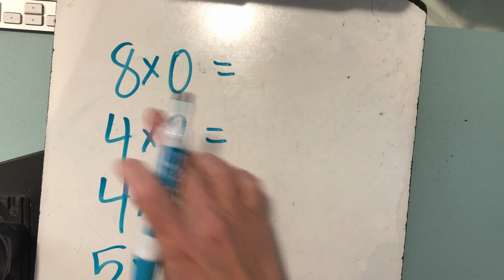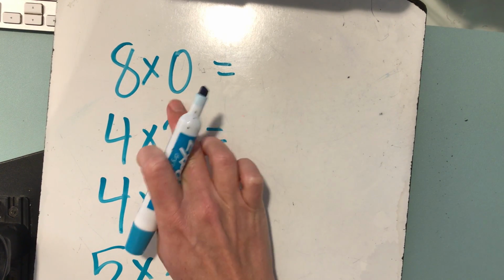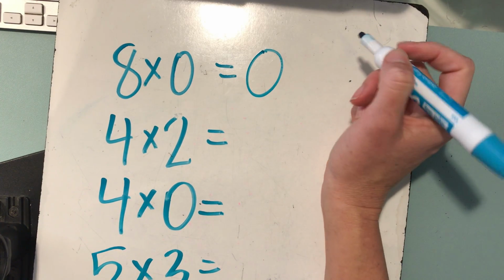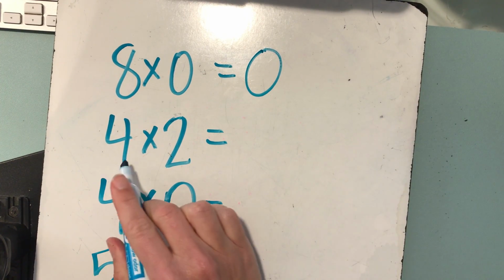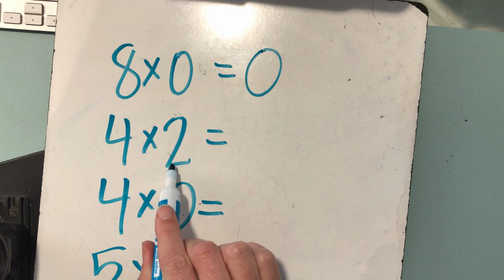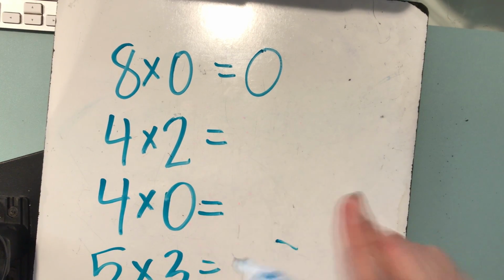All right, here we go. 8 times 0. If I had 8 baskets, but I had 0 apples to put in that basket, that means I would have 0 apples. 4 times 2. If I had 4 baskets and I put 2 apples in each basket, I would have 2, 4, 6, 8.